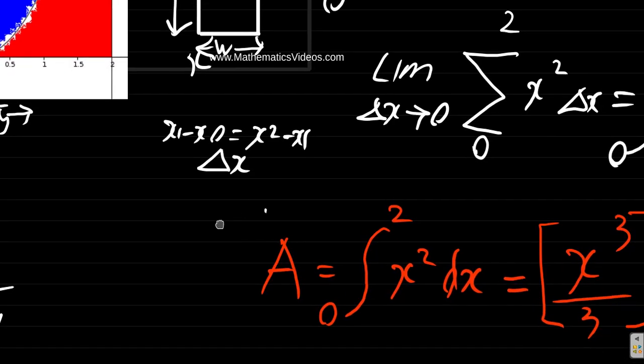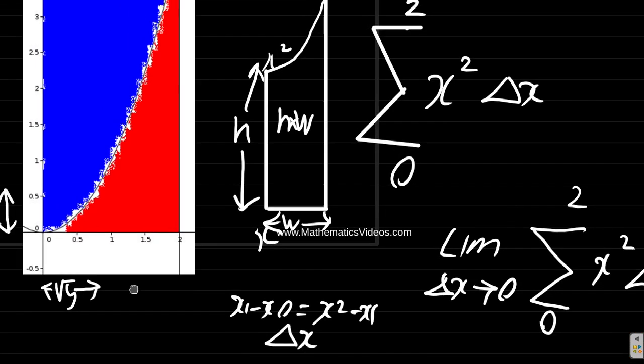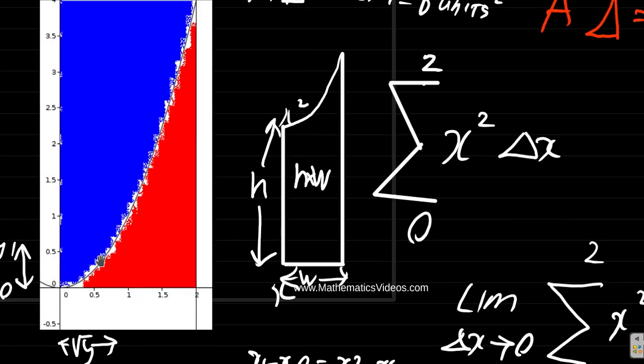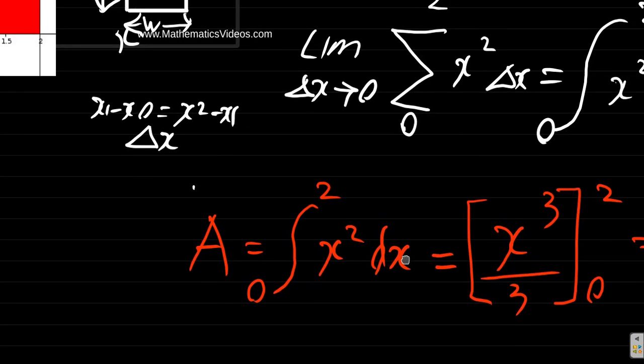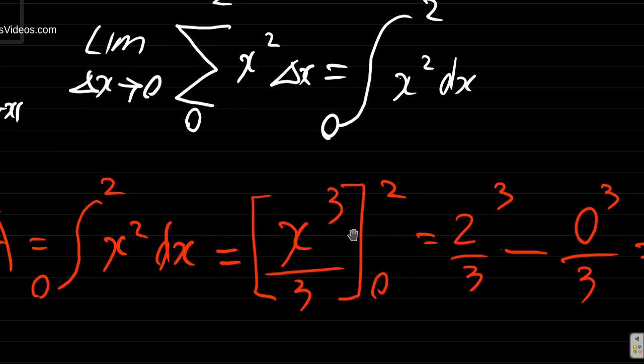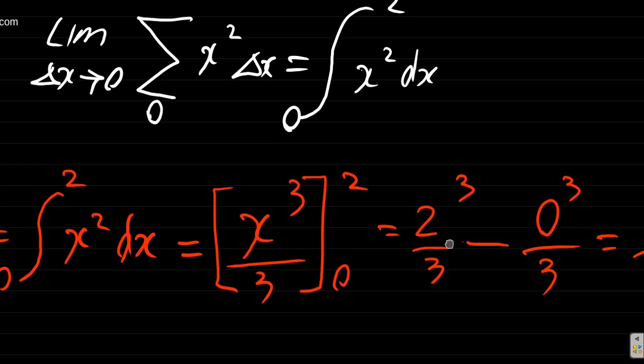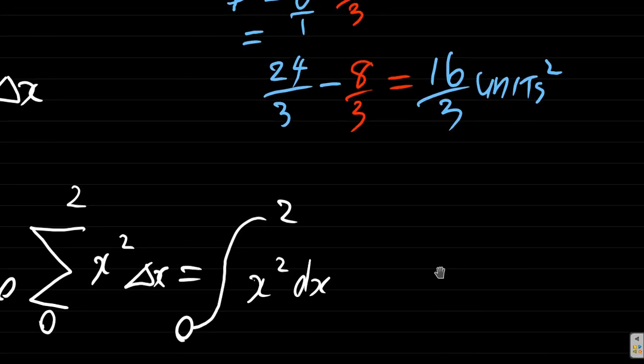So it is really the integral from 0 to 2 of x squared dx. When we work that out, integrate it and put in the upper and lower boundaries, we get 8 over 3.